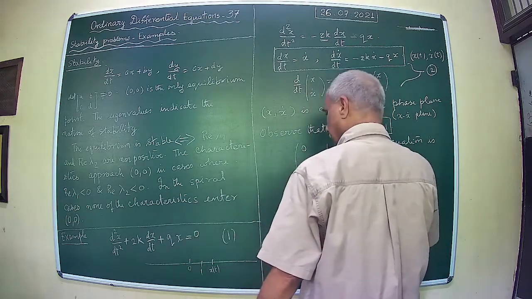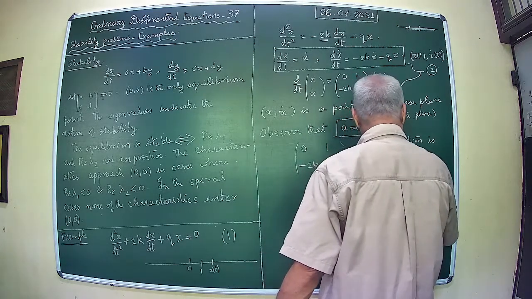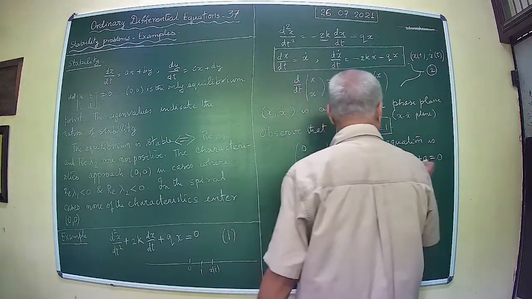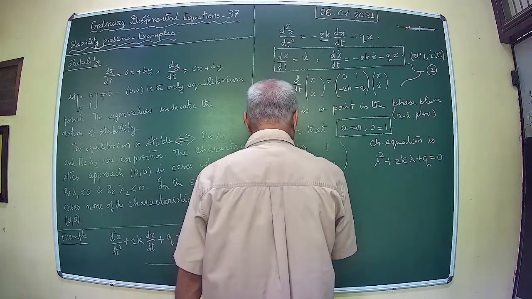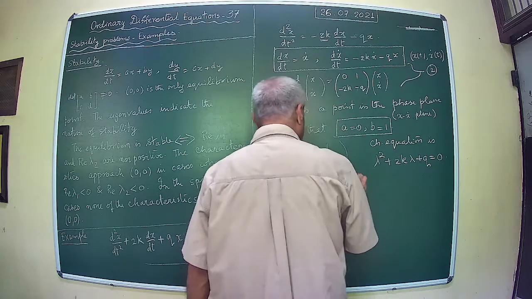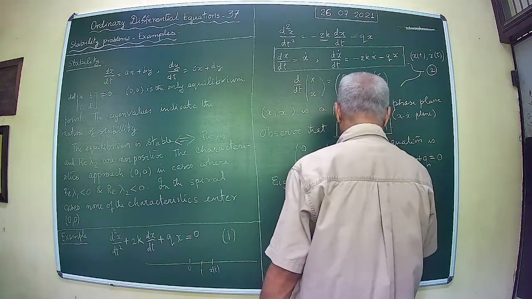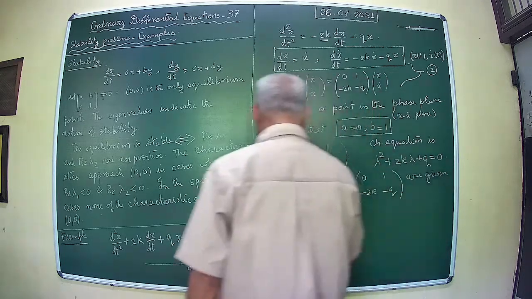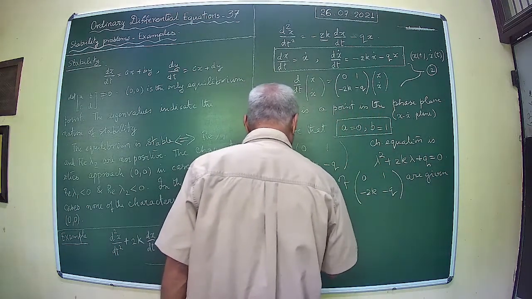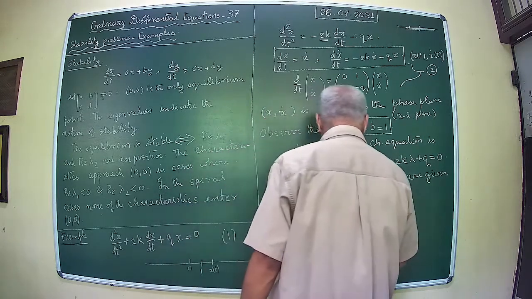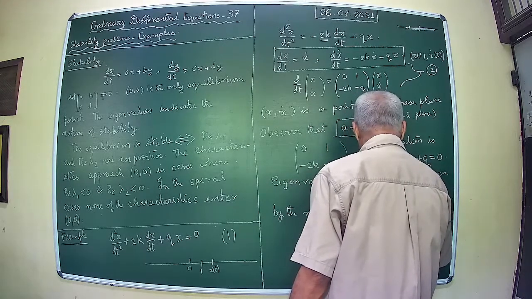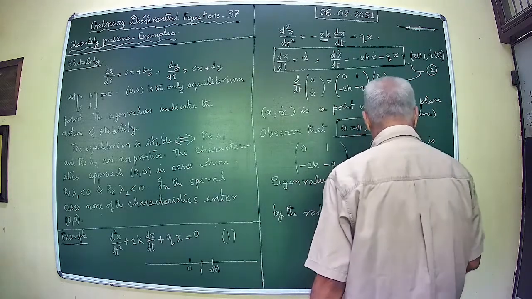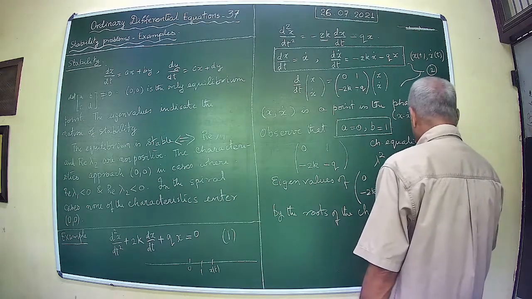Lambda square plus 2k lambda plus q equal to 0. So for eigenvalues, we look for the roots of this equation.